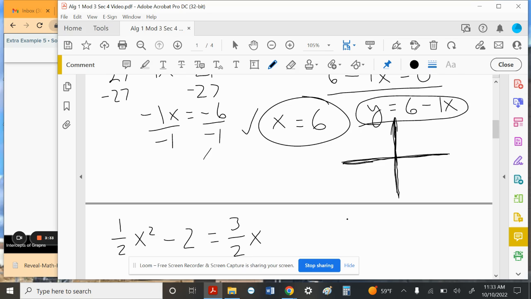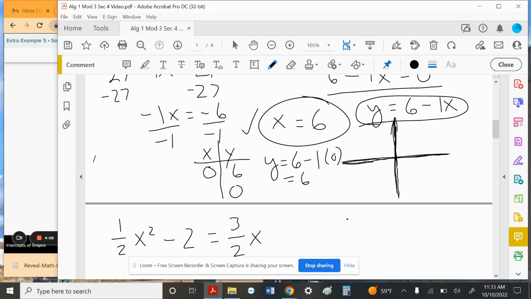So I'm going to create a table to graph a line. And how do I know this is a line? We learned this in an earlier section. y is to the first power, x is to the first power. So I'm going to pick x equal to 0. If I plug in 0 for x, I get y equals 6 minus 1 times 0, which is just 6.